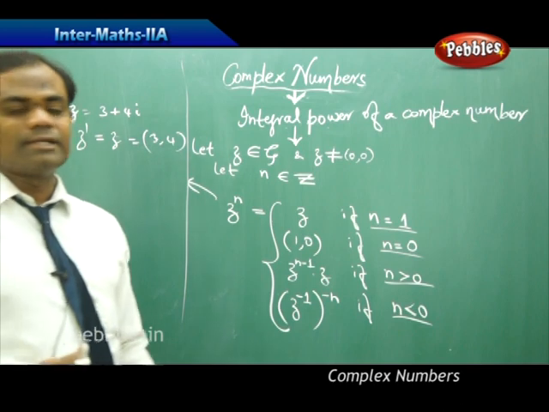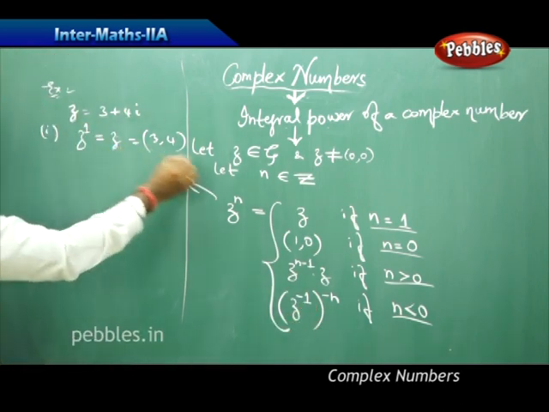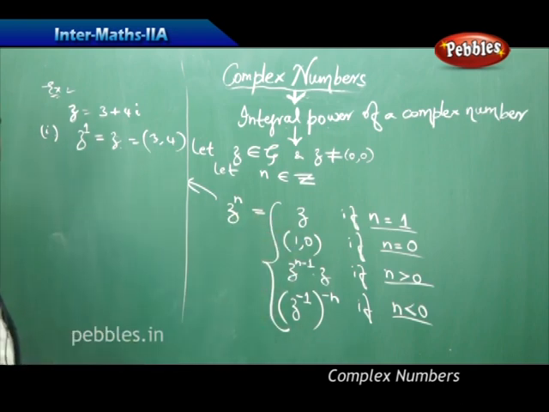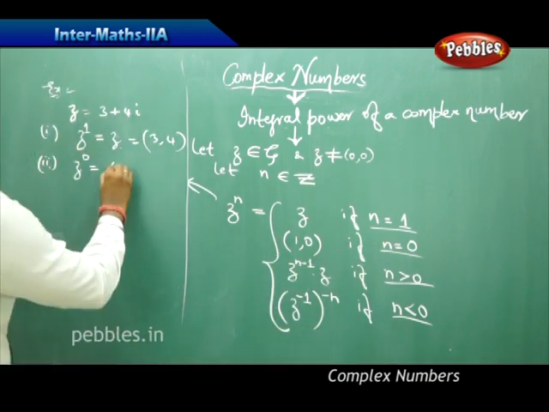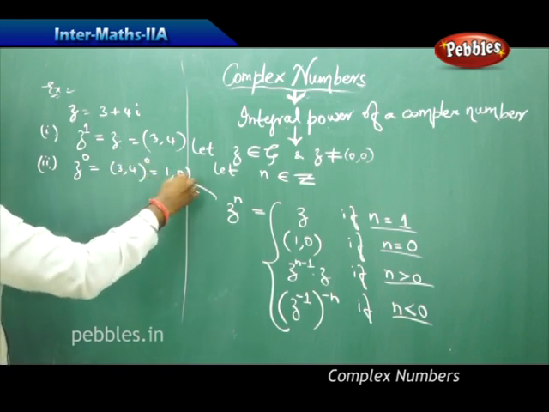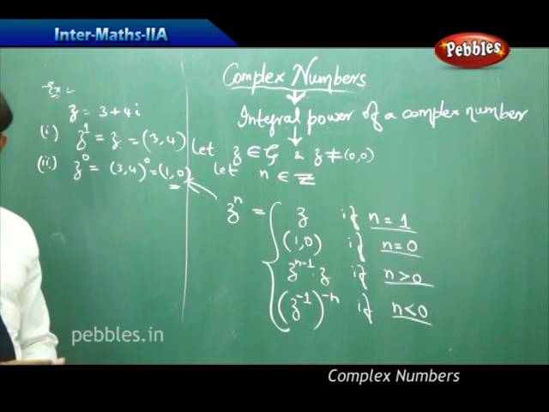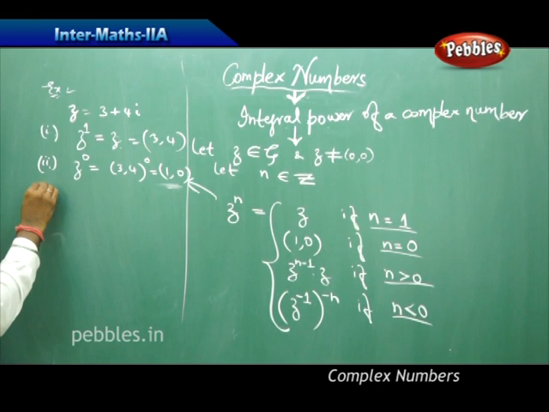So the power of 1 is the complex number itself, using the first property. If I wanted to find z^0, then (3 + 4i)^0 is always 1, that is (1, 0). This is how we understand the second concept.